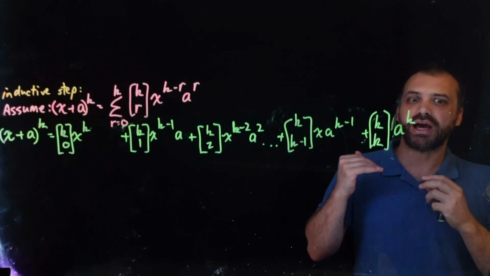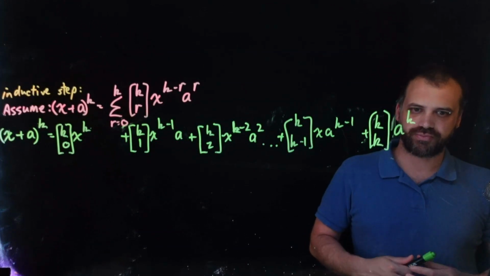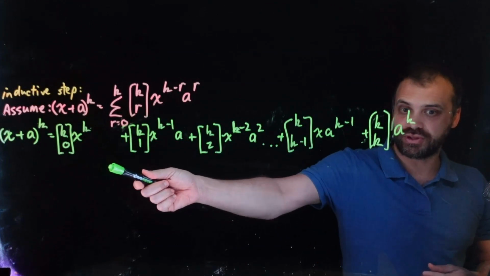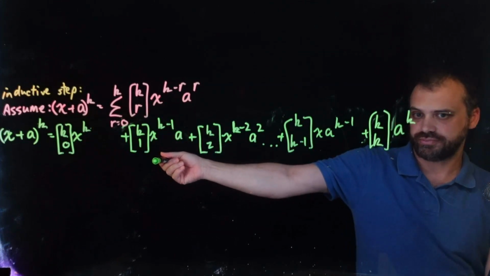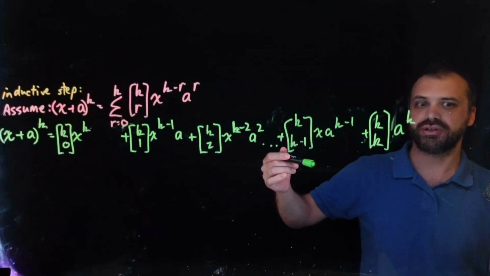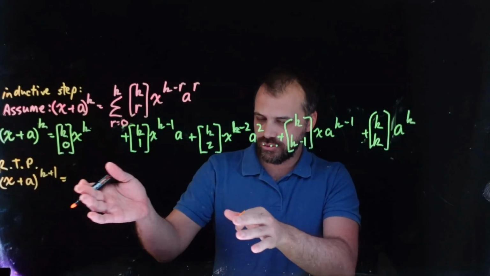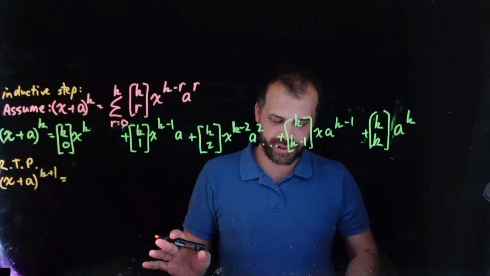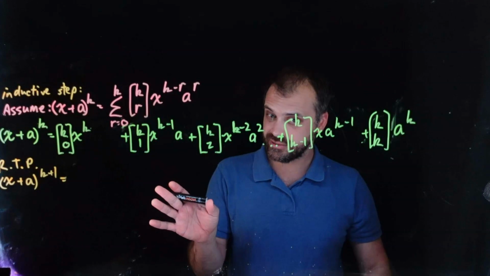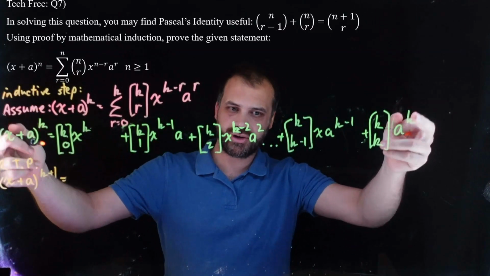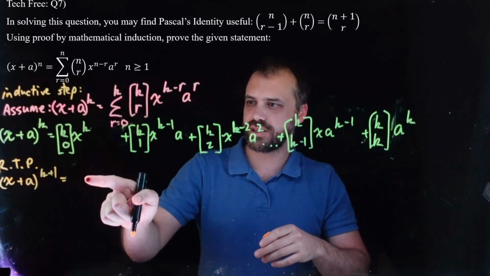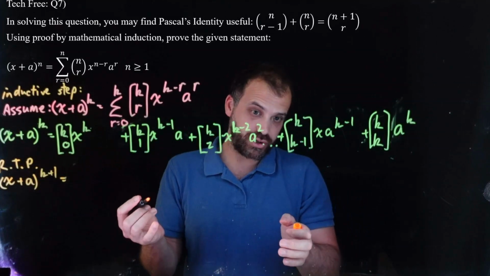All right, what are we actually required to prove? Well, we're required to prove that this assumption is true for k plus 1. Or assuming this is true, k plus 1 is also true. So I'm going to write out my required to prove a bit cleverly, because my pink assumption here, my green assumption here, they're equivalent, right? So I can just write this out again using sigma notation.